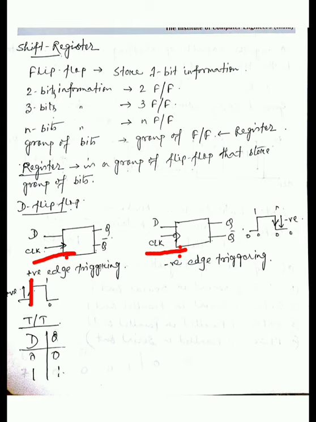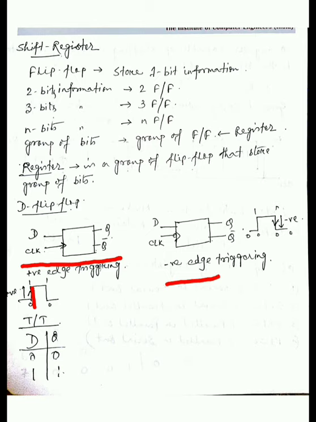In order to distinguish, I draw here the two clock pulses so that you can understand. Positive edge triggering means this device works whenever the clock changes from 0 to 1. We have already studied positive and negative edge triggering, and I think it is clear to you.